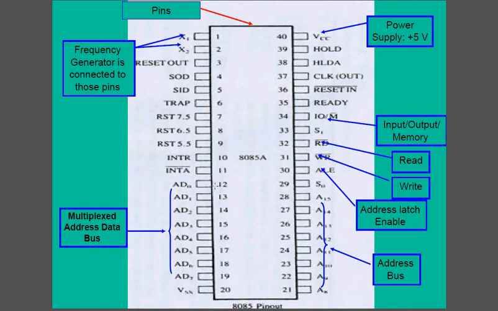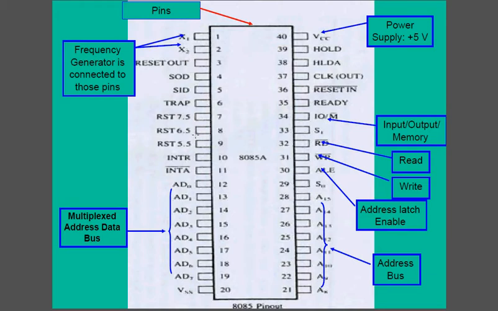All right, this is how it looks on the package, on the chip. As you can see here, there are 40 pins, and each pin has a different function. For example here, pin 1 and pin 2, X1 and X2, are used to connect to the frequency generator.